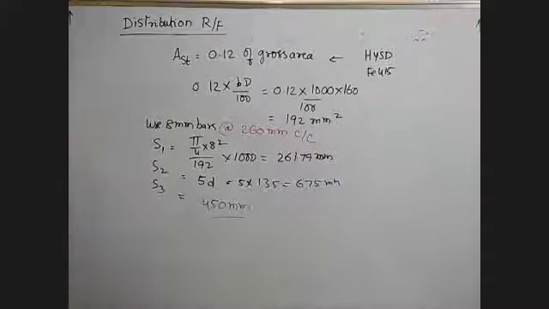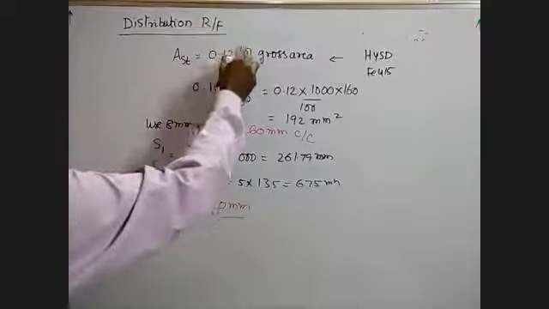Now the design of the distribution reinforcement is also over. Next step is check for shear and check for deflection. So it is 0.12% of the gross area.